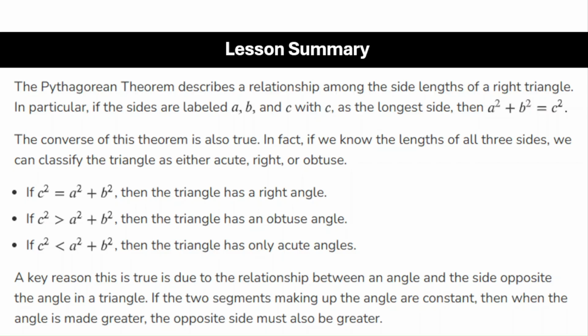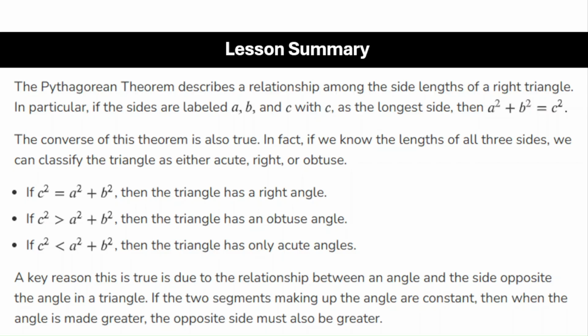And if C squared ends up being smaller than A squared plus B squared, then the triangle has only acute angles, meaning all three angles are less than 90 degrees. So this is a pretty quick and simple way to test it out and figure out what type of triangle you are dealing with.